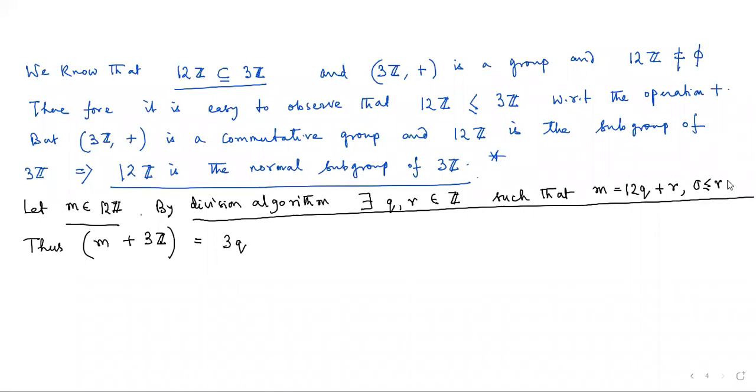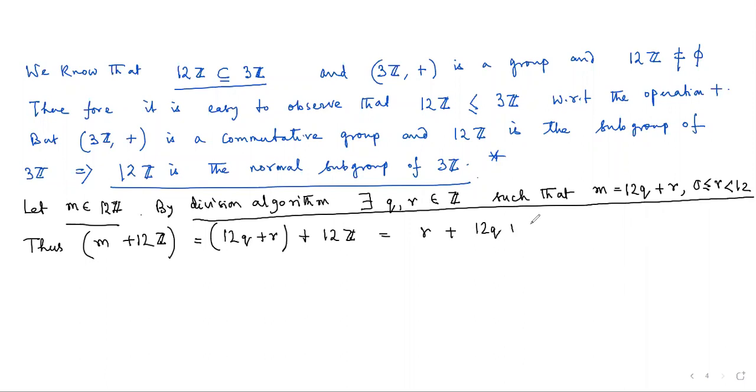Now M plus 12Z can be written as, in place of M you can put 12Q plus R, plus 12Z, and you can separate the two things.